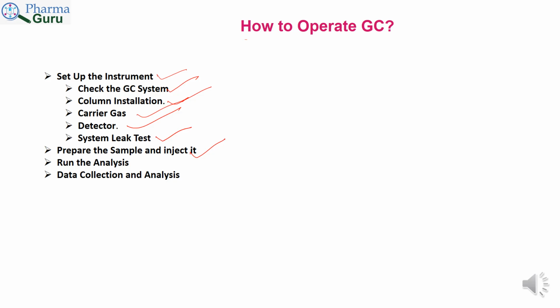Then you have to inject as per method and run the analysis. After that you have to generate the chromatogram, and from the chromatogram you have to calculate assay or impurity profile or related substance or purity as per your requirement.